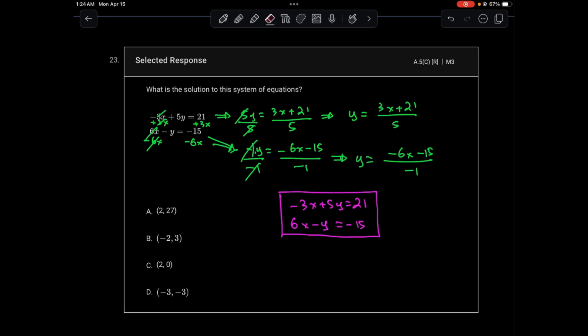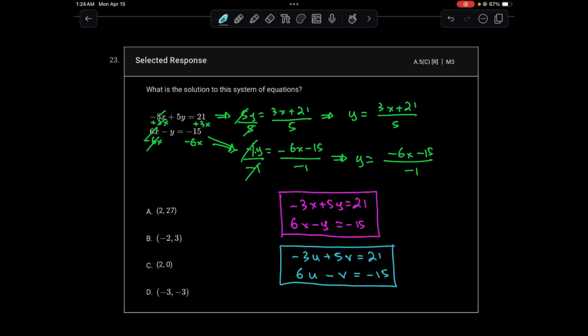First of all, if you want to do this faster way, you have to change the x and the y. Let's change them to a different letter. Negative 3u plus 5v equals 21, and 6u minus v equals negative 15.